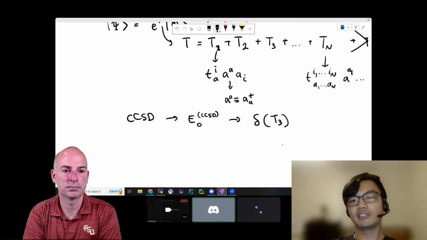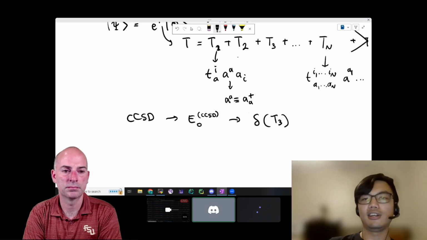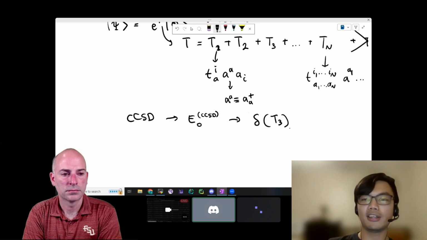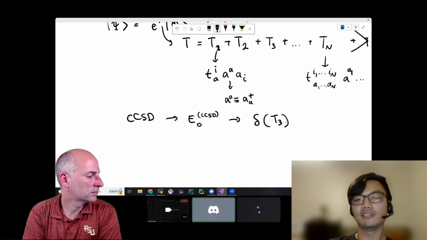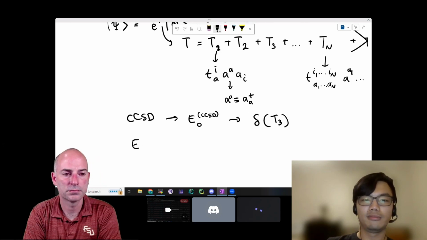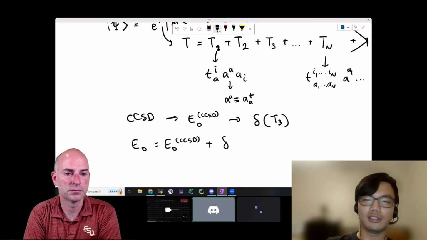Somehow we will try to use the T1 and T2 that we solve for, and then build some kind of T3 correction to the energy. My total energy will just be E of CCSD plus the delta T3.